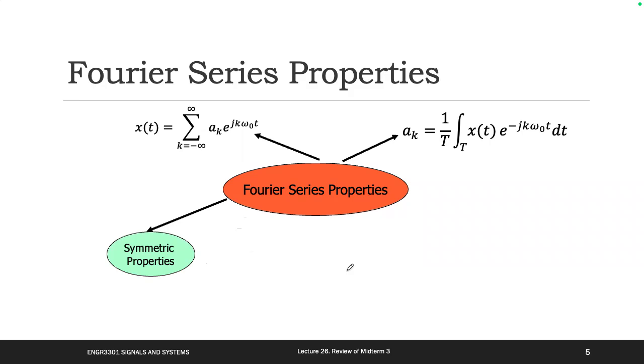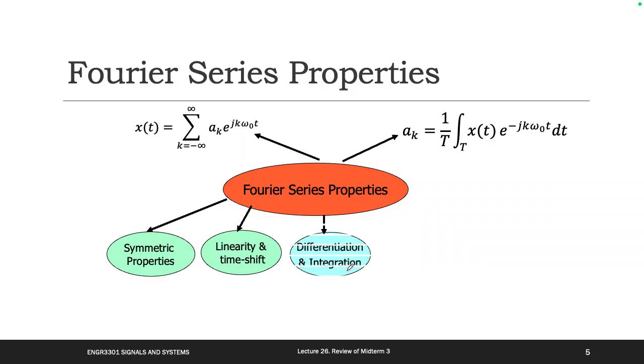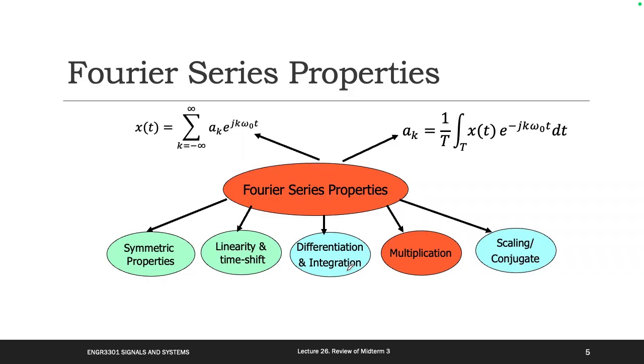And then we talked about linearity and time shift, and then differentiation and integration, and then multiplication. And the last one, we talked about scaling and conjugate in the last class.